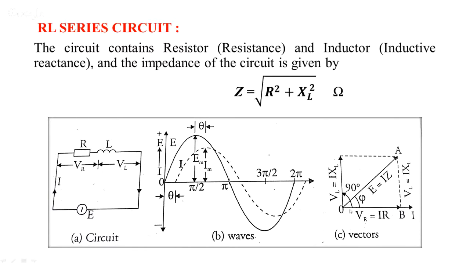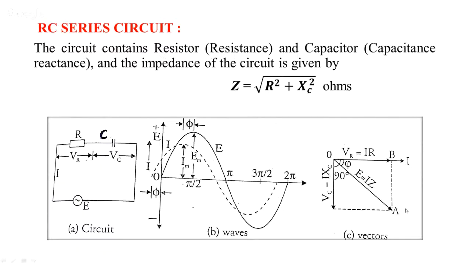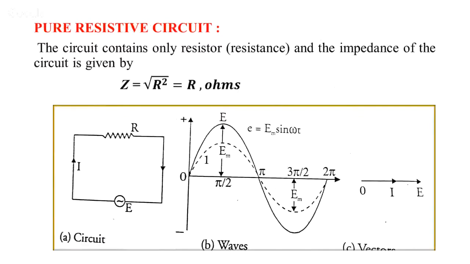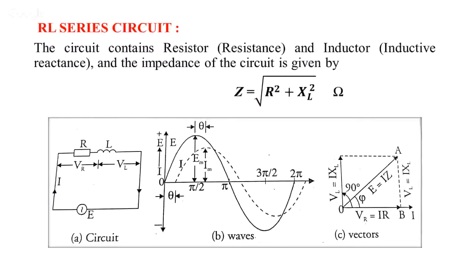So here you can see that this is the current vector and this is the voltage vector. So both of them are overlapping here. That means to say there is no phase angle difference between them.